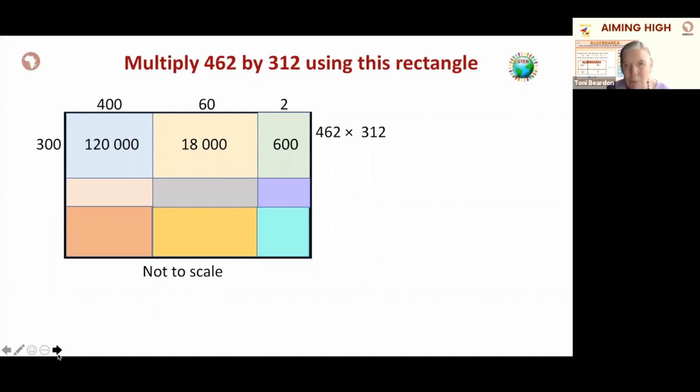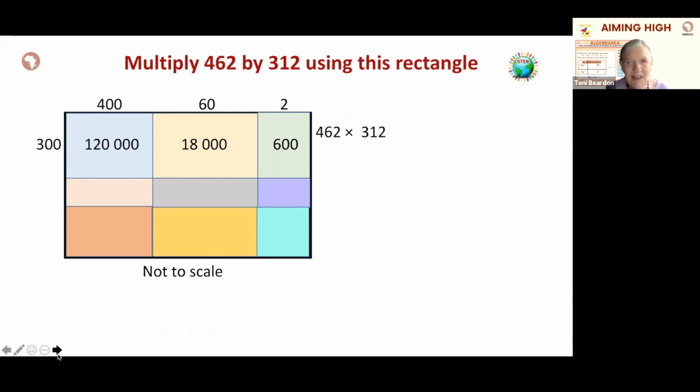It's a simple representation of multiplication by area, because we've got little rectangles inside the big rectangle. We've got a link between multiplication and area to do the calculation.